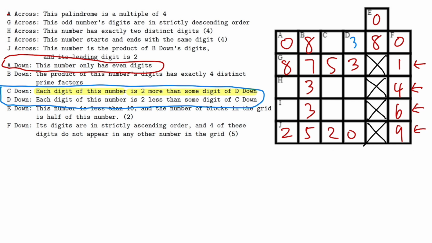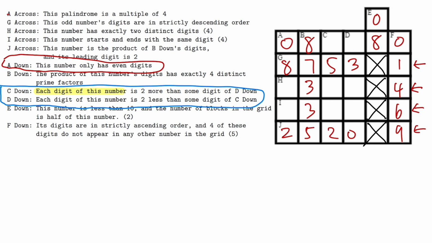Well, if we put down 3, then that means we must have 5, so it seems legit, right? But when you put down 3 right here, because A across is a palindrome, that means we must have a 3 right here, which also implies we must have a 1 somewhere down here. Oh, wow, that took me a while to actually think about that. So 3 is not allowed.